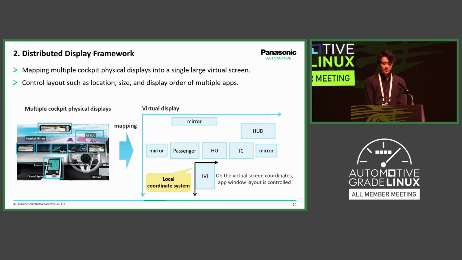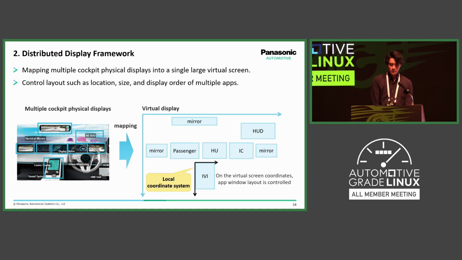Next is the distributed display framework. As shown in the figure below, the distributed display framework maps multiple cockpit physical displays into a single large virtual screen. By placing applications on the virtual screen, you can control the layout of applications across multiple displays.